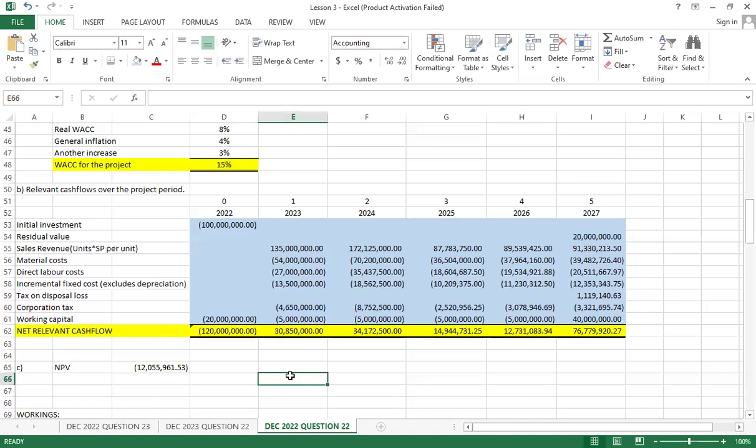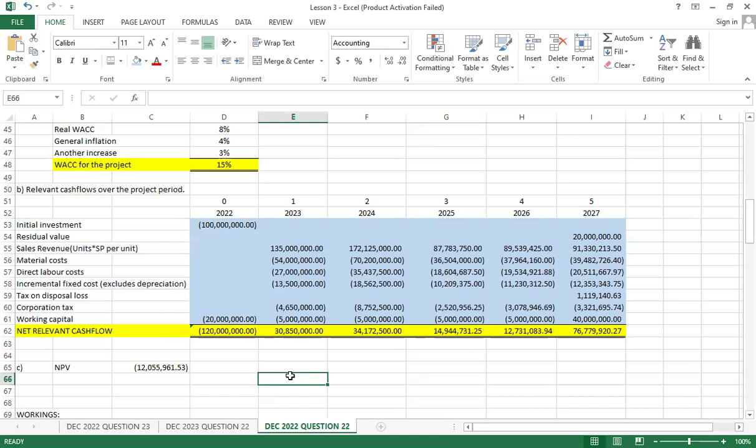So that gives us an NPV of a negative 12 million. And so that is it for part C.